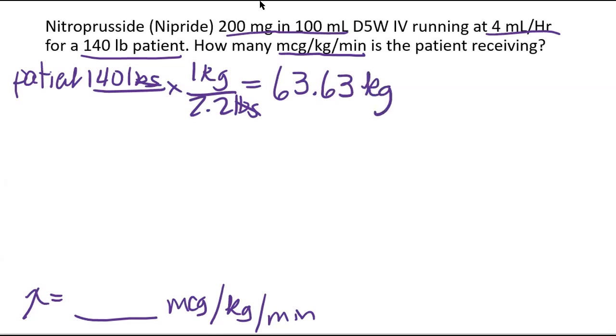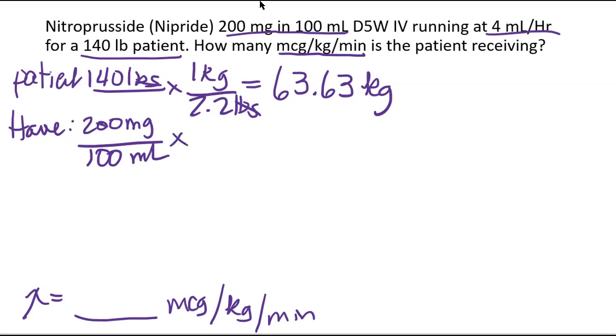Okay. And now what we have is 200 and 100. So we have 200 milligrams over 100 milliliters, and we need to have micrograms. So let's do this. I'm going to erase that a minute.